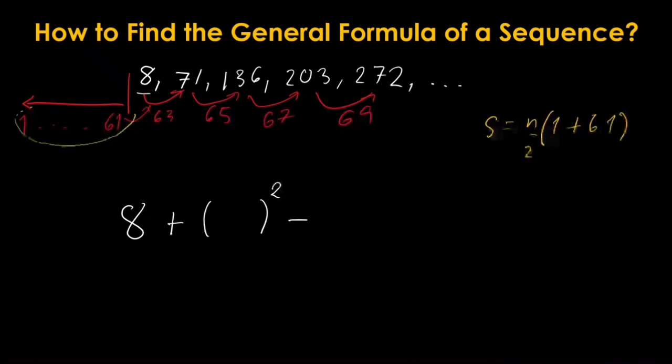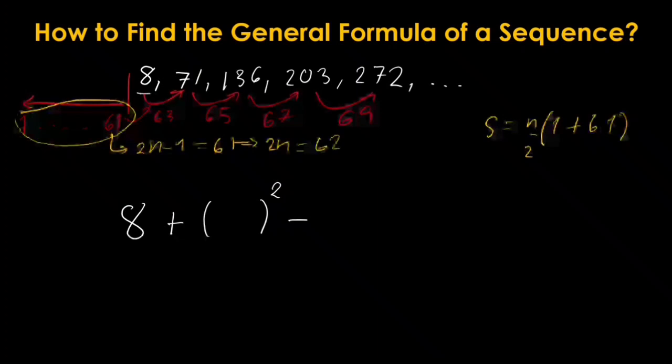However, to get the n of 61, let's use the formula of odd numbers. The nth term of the odd numbers is 2n minus 1 equals 61. Now, solving for n, we have 2n equals 62, so that makes our n equals 31. That's the value of our n.